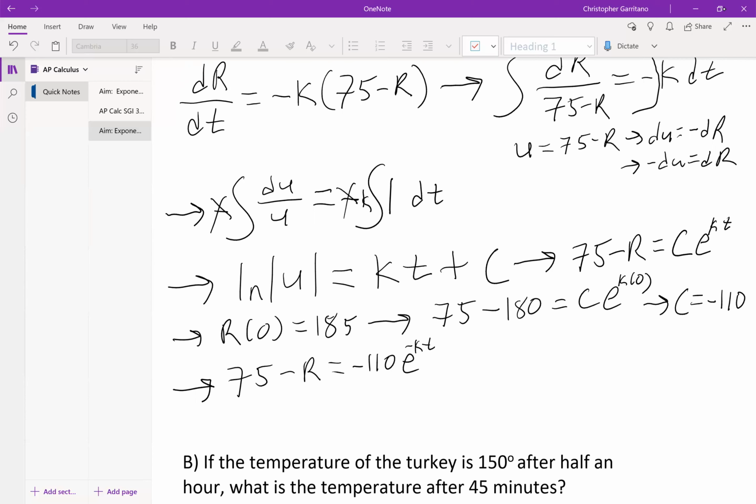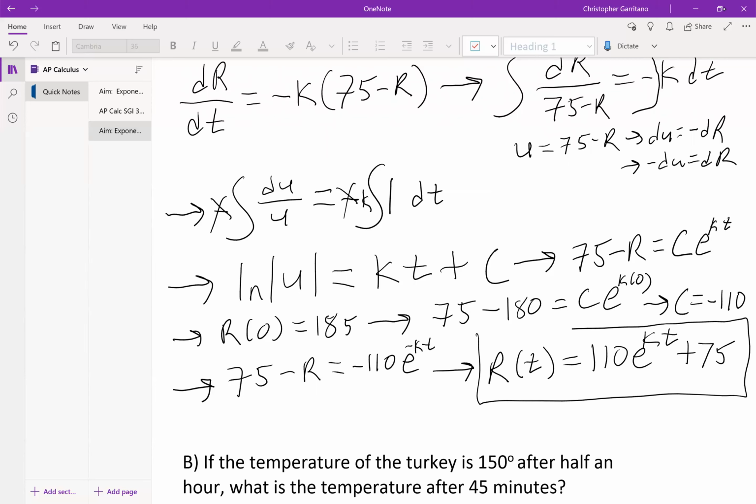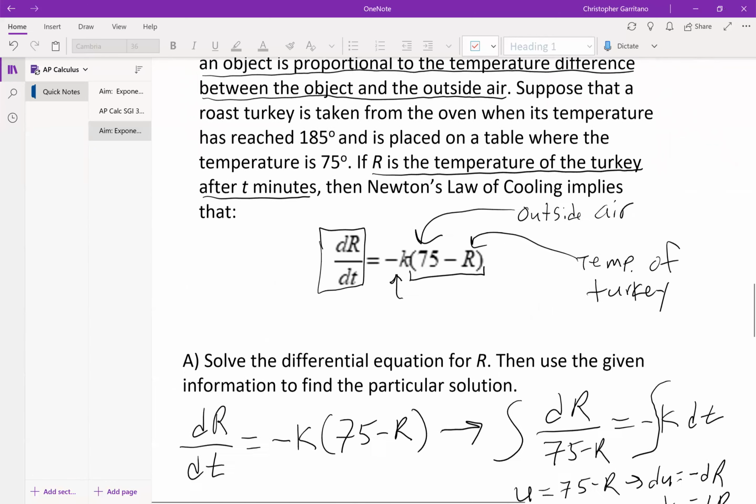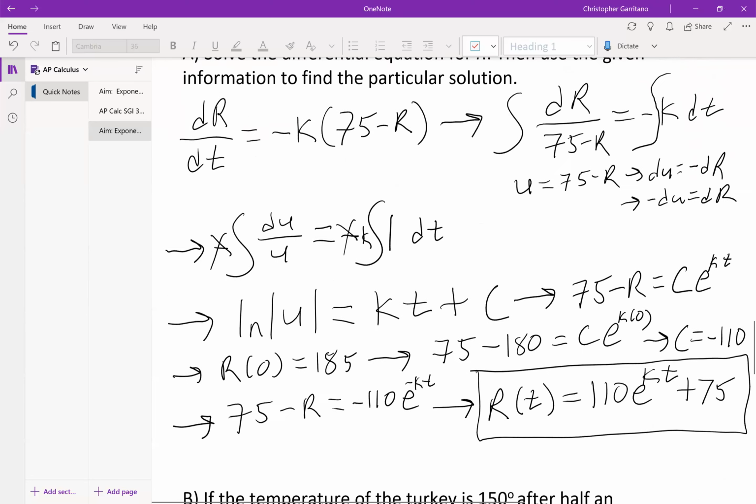And finally, this implies that r of t is equal to 110 e to the kt plus 75. All right, it's still a general solution because we haven't solved for k yet, but at this point, we haven't been given any more information to help us solve for k. So at this point, this is as far as we can get.